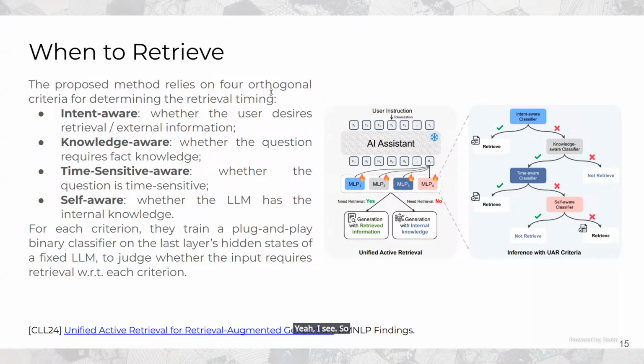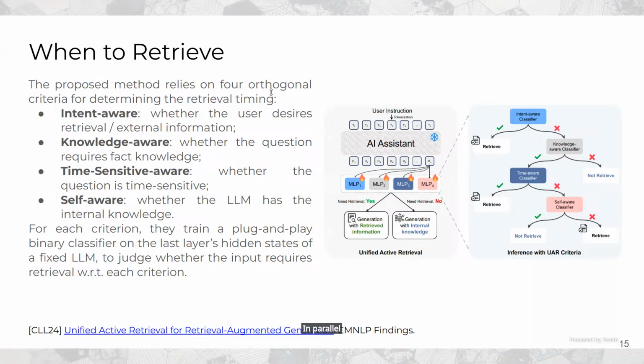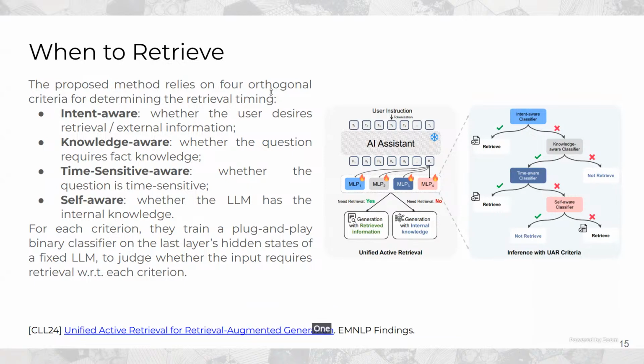Yeah, I see. Actually, at the very beginning, I was thinking that those MLPs are external structures. What I mean by confusing is that in the left part of the figure, it seems the four MLPs are performing some sort of computation in parallel, but in the right part of the image, it looks like a decision tree, where one performs the decision and hands it to another.